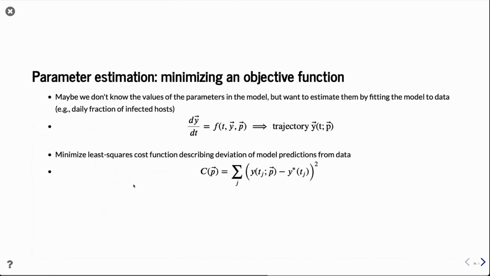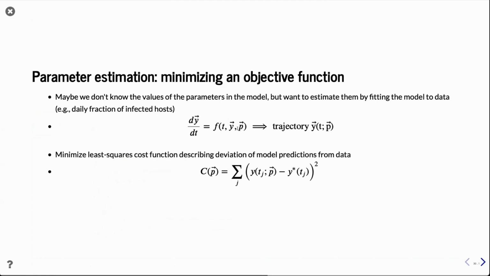Similarly, I might have the model, but I don't know the values of the parameters, and I want to estimate them by fitting the model to the data. Maybe I've got daily infection data. I do this basically by minimizing a loss function or an error function.